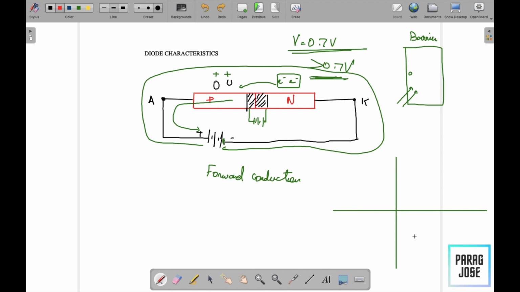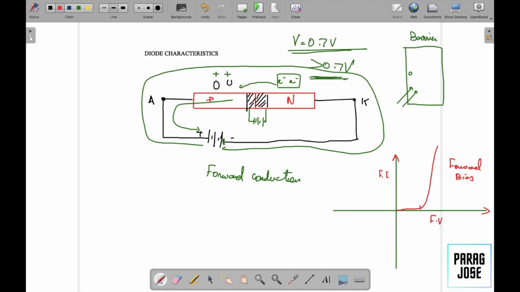Now if you look at the characteristics, we can see that we'll be plotting the characteristics between voltage and current. So this is your forward voltage and this is your forward current, and this one will be called as the forward bias region. So here we can see the characteristic would be something like this. It initially increases slightly and then there will be a sharp shoot off.